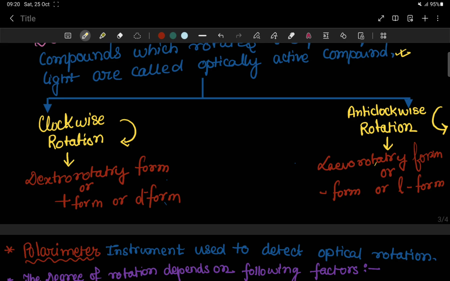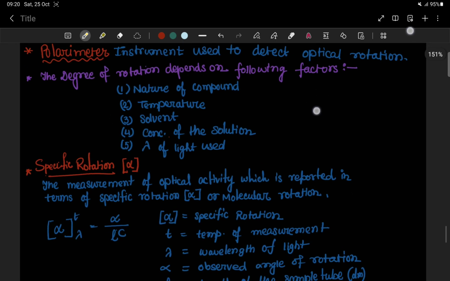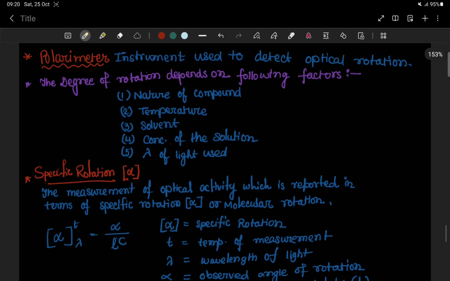Once we complete this, we would know what is a polarimeter. The instrument used to detect optical rotation is called a polarimeter. The degree of rotation depends on the following factors.